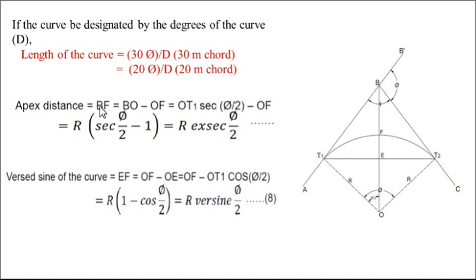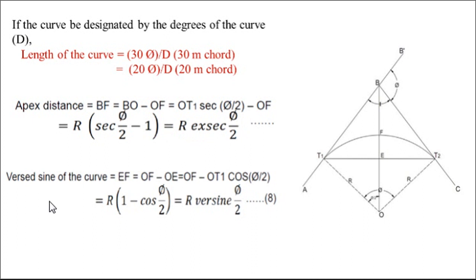So this apex distance we can write, BF is equal to BO minus OF, is equal to, again by trigonometry, OT1 into sec of phi by 2 minus OF, is equal to R into bracket sec phi by 2 minus 1, is equal to R sec phi by 2 minus 1.